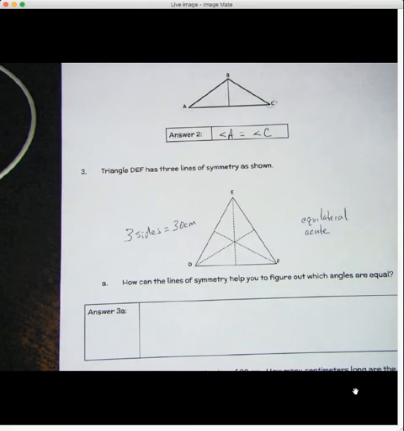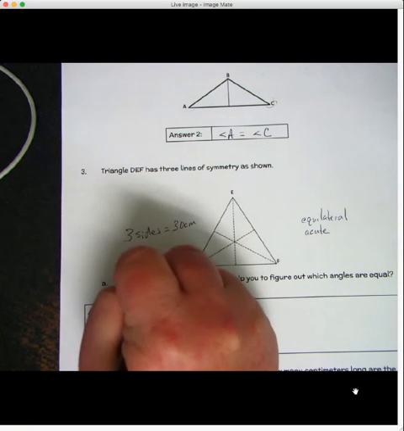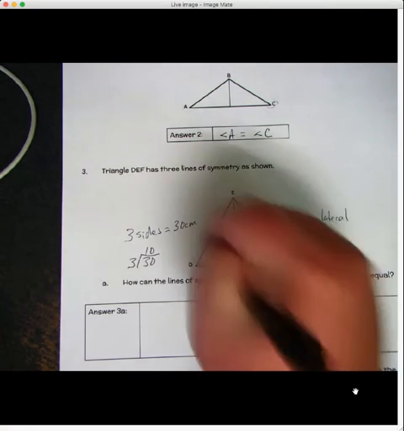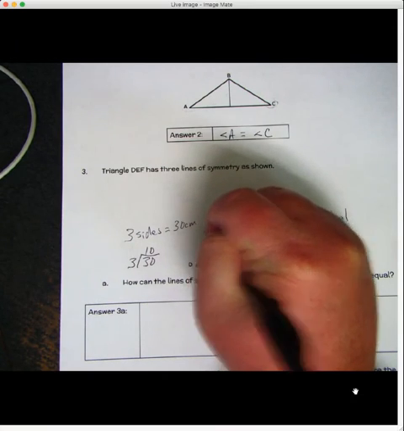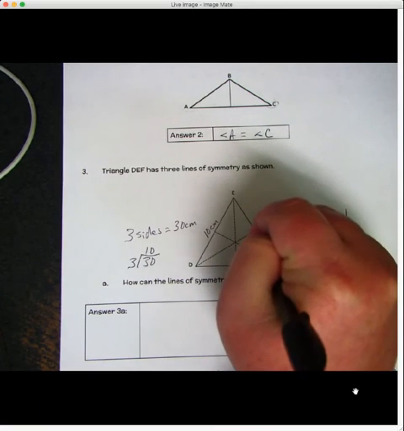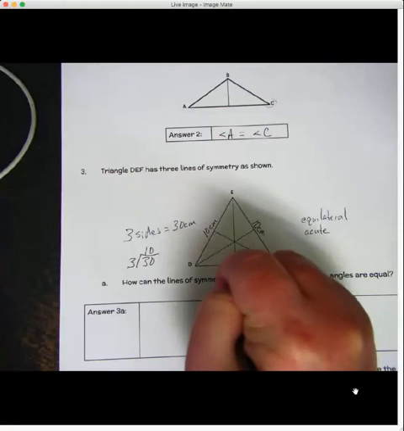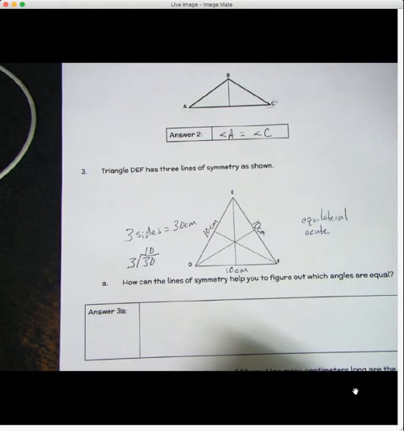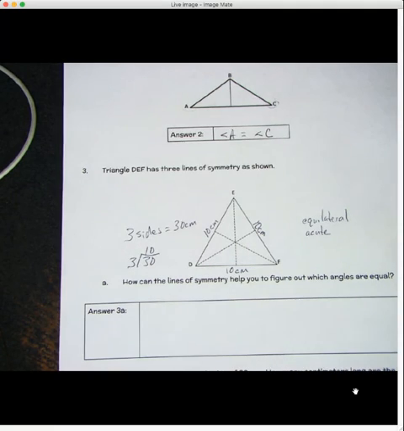So how would we find out how much one side is? We would take 30 divided by 3. And of course, that's 10. So each side would be 10 centimeters because it's an equilateral triangle.